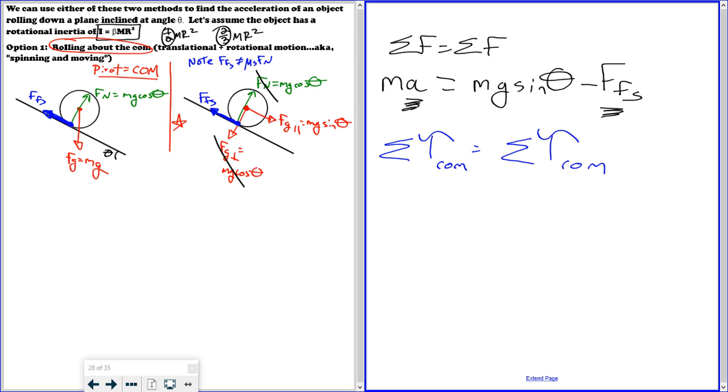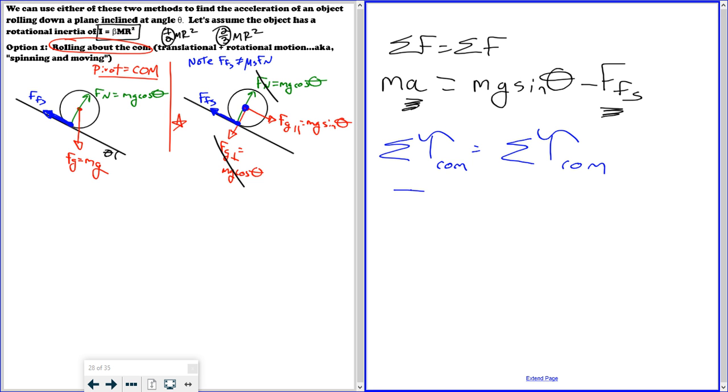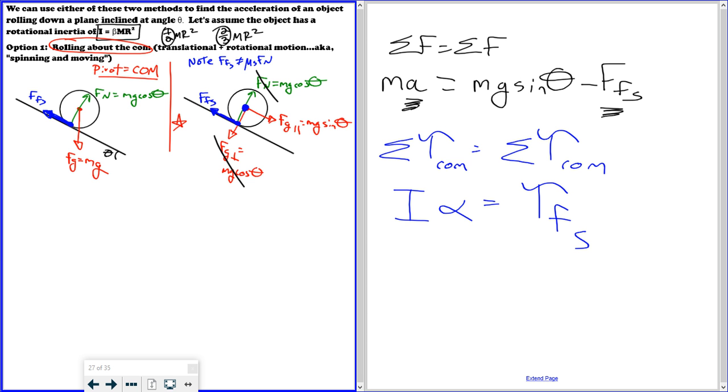So if I consider this as my pivot point, notice the only force that's actually going to produce any torque is the static friction, right? So I times alpha equals the torque from static friction, okay? So notice, if this is my pivot point, shoot, I need to go back to full screen, don't I?